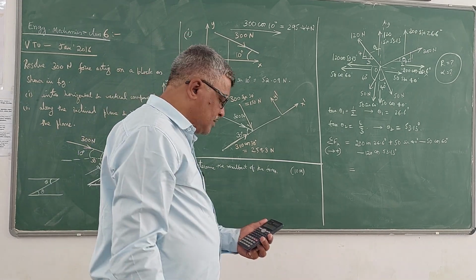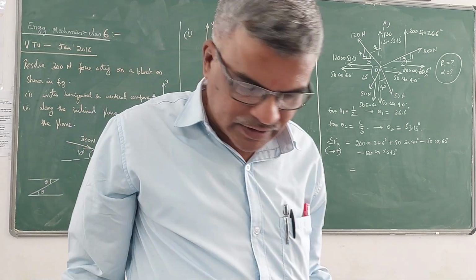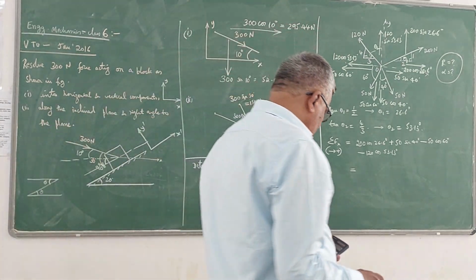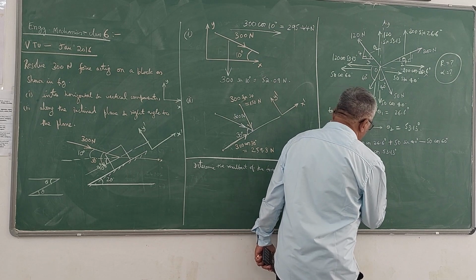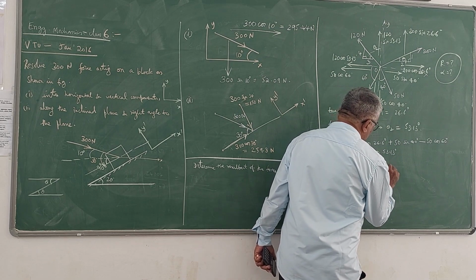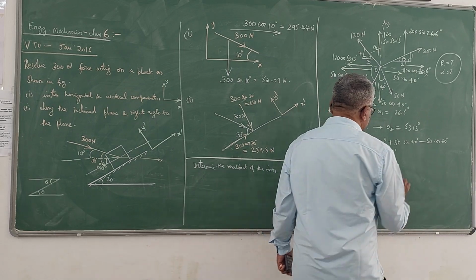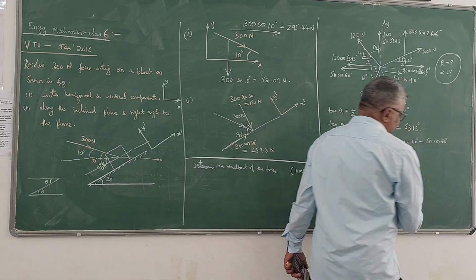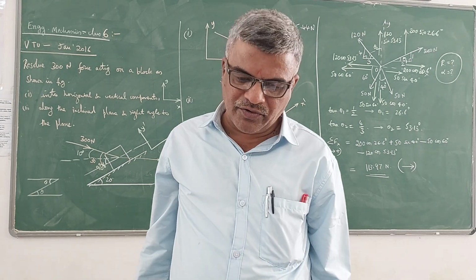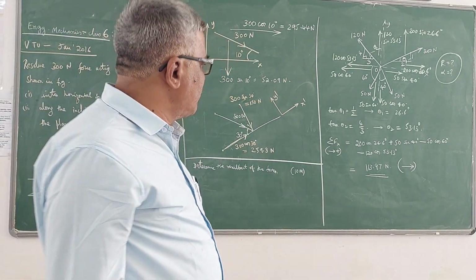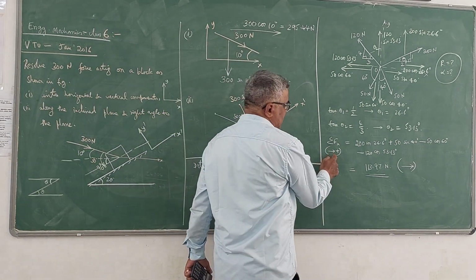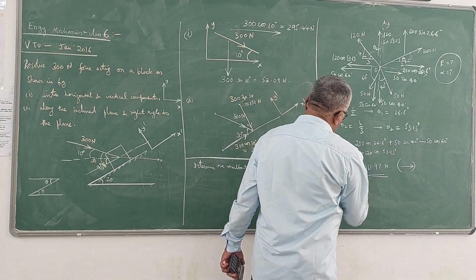So it becomes 113.97 Newton. So positive we have got. Therefore, it is acting towards right. That is simple. So if you get sigma Fx positive, it will be acting towards right according to same convention. If you get negative, it will be towards left.